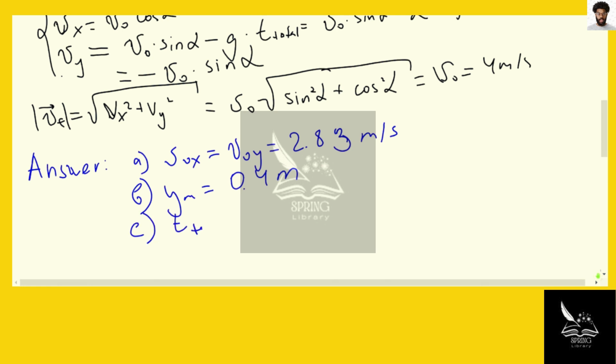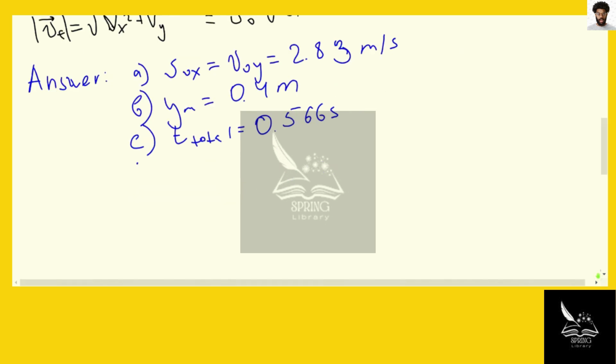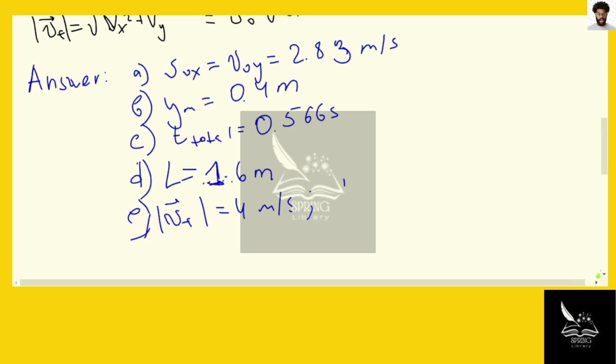Total time of flight equals the following value. The total distance which the ball has traveled equals 1.6 meters. And the final velocity in the absolute value equals 4 meters per second, but the angle between the final velocity and the horizontal axis equals -45 degrees.